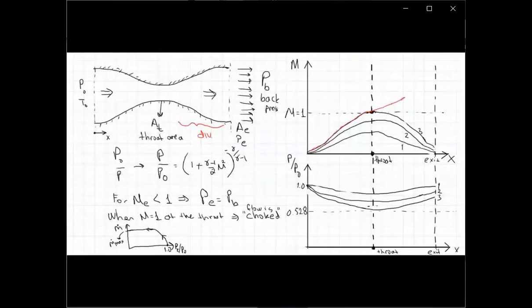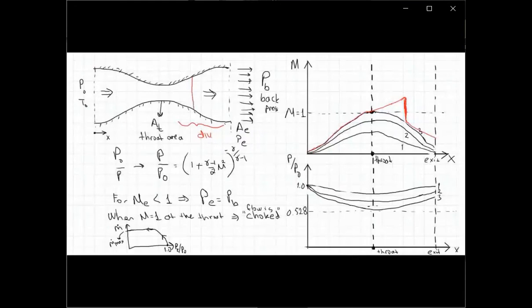There will be a normal shock wave generated at some x location, so there will be a sudden drop in Mach number. Then the Mach number will continue in such a manner. This location is the shock wave location, so it will happen somewhere, let's say here.